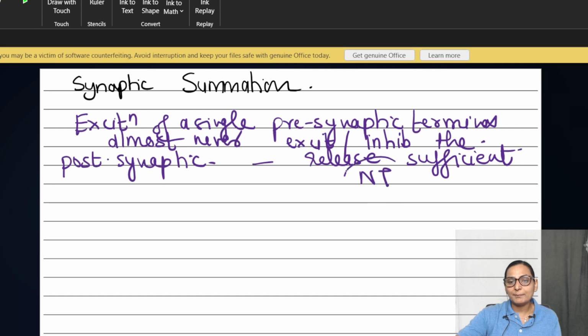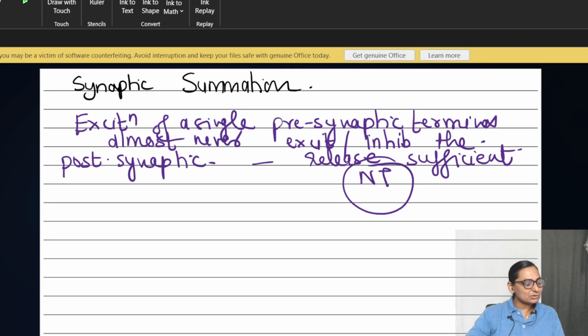So a single stimulus can never bring about any good excitation or inhibition of the postsynaptic neuron. So you will have to summate now.